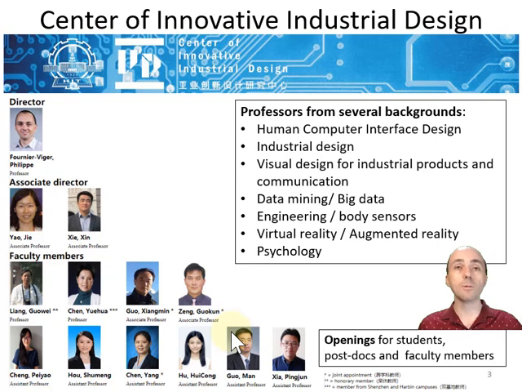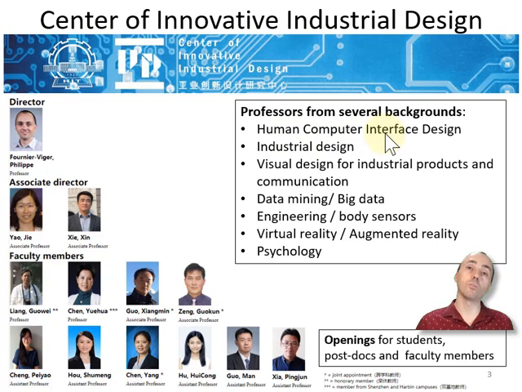Because at the Harbin Institute of Technology, we are a strong engineering university. And in design, we want to see how to incorporate the technology to try to improve the design. So the professors in the center have different specialties like the human-computer interface.